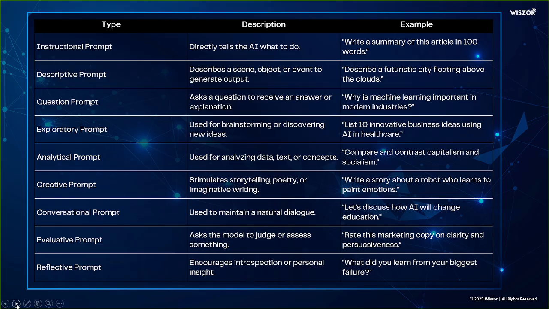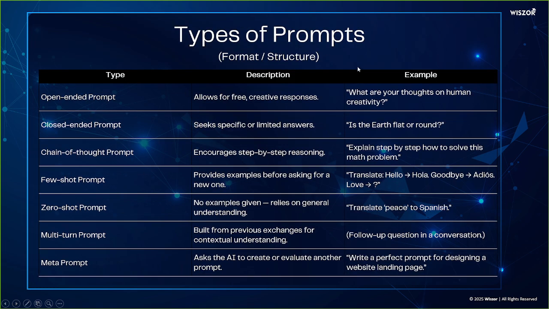Okay. So next, we are going to see the same form of prompt types, but these prompt types are classified based on the format and structures. So why do we take this format and structure as a part of prompt type? See what you are actually looking for from that AI to do.